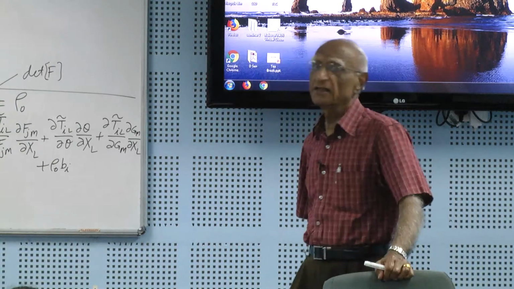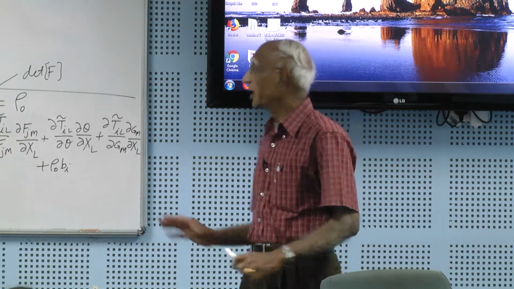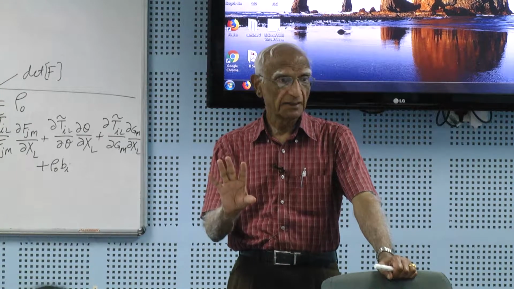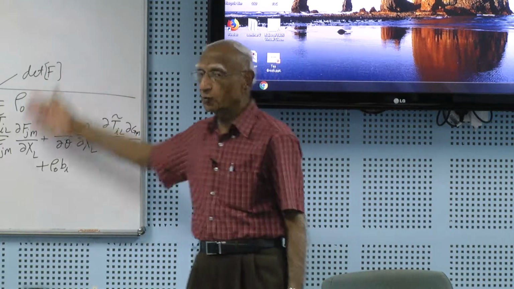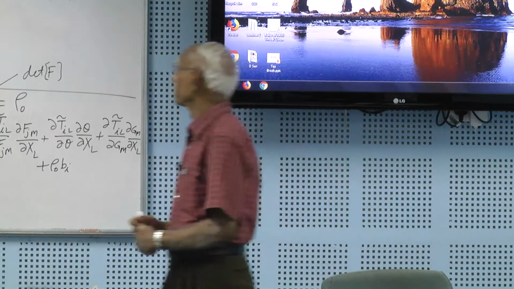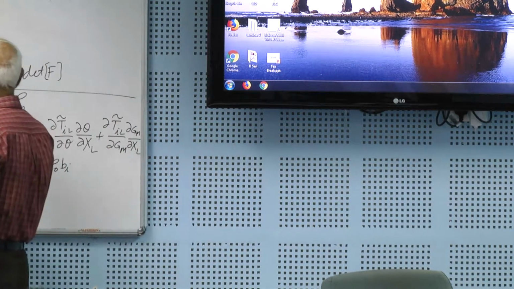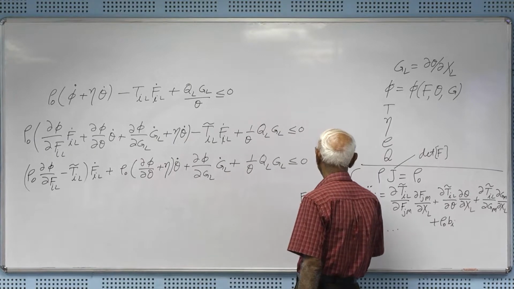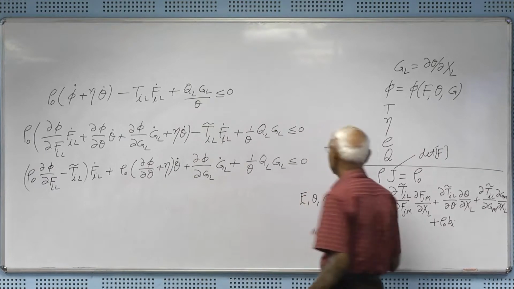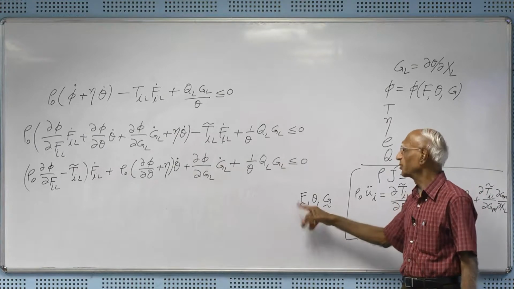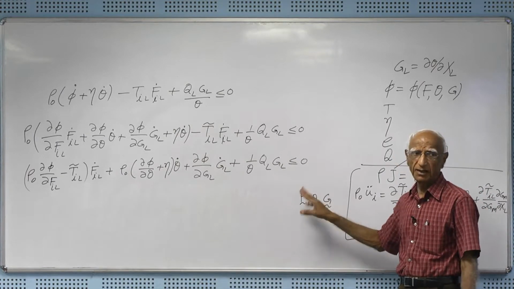Okay, so the reasoning is something like this. What we are looking for is u, displacements, which satisfy these governing equations. Supposing I have a solution, say F, theta and g. F is a deformation gradient, I put tildes because these are 9 components.